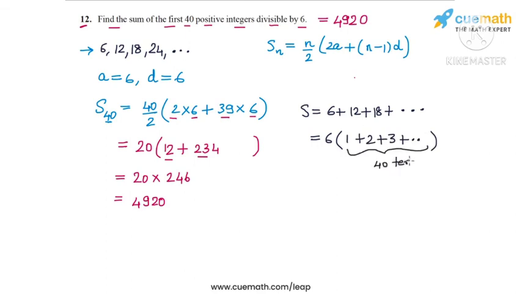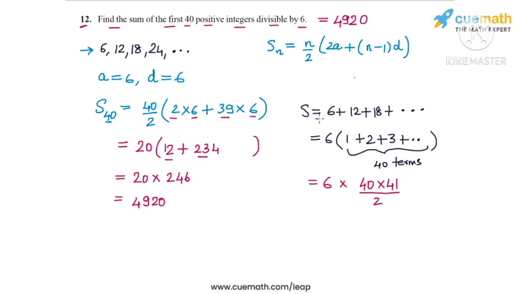Now we know how to calculate the sum of the first n natural numbers. So the sum of the first n natural numbers is n into n plus 1 by 2. So this means that this sum inside the bracket will be equal to 40, which is n, into 41, n plus 1, by 2.